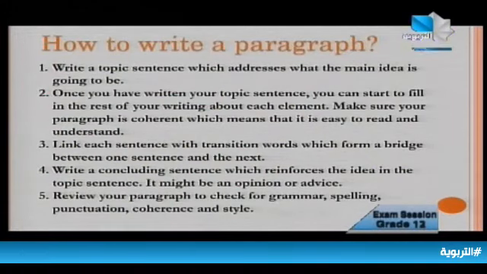Now, how to write a paragraph, 1 minute, and we will finish. Students all should know how to write a paragraph. Dear students, when you want to write a paragraph, you have to write a topic sentence. We call it the key sentence. From the very beginning, you have to know what you are going to talk about, so the reader must know your main idea.